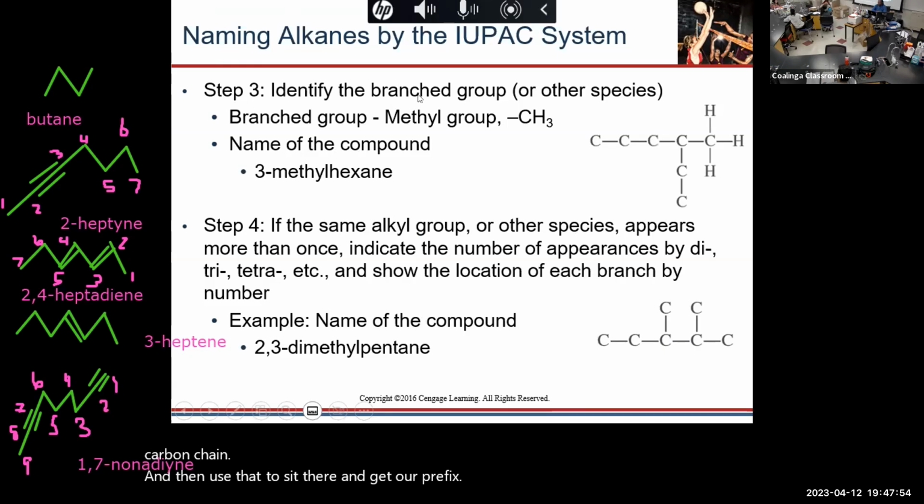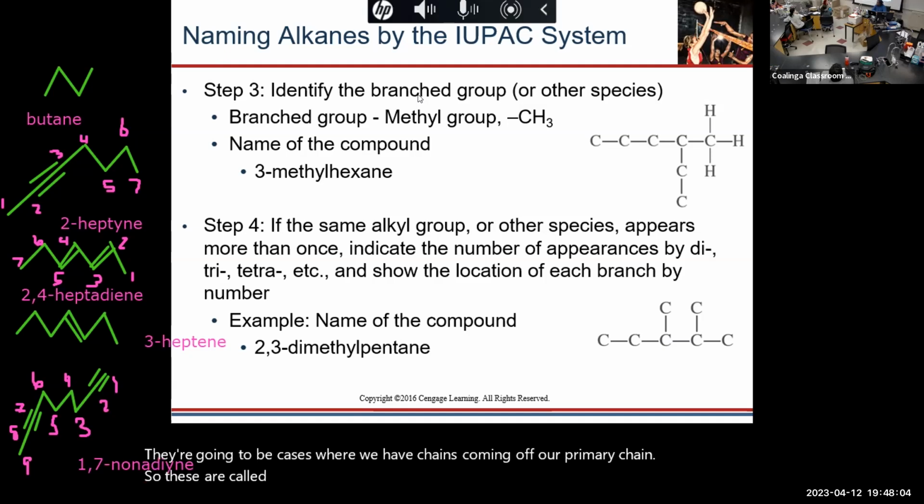So there are going to be cases where we have chains coming off our primary chain. So these are called branch groups. Okay. So here is an example of a branch group. So the first thing that you want to do is to identify your longest carbon chain.